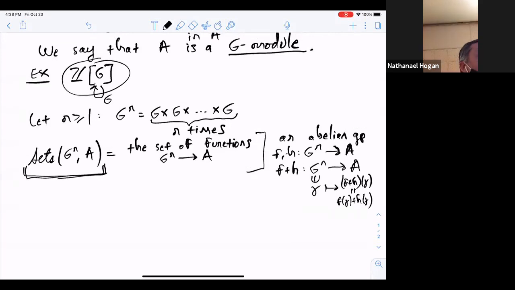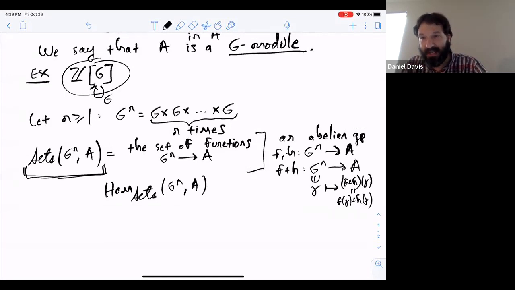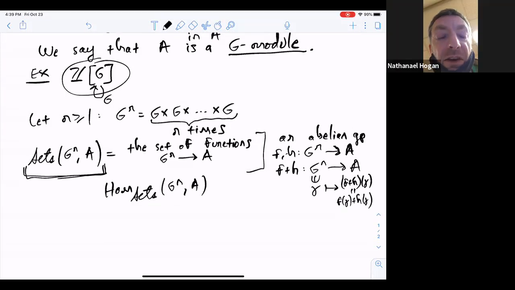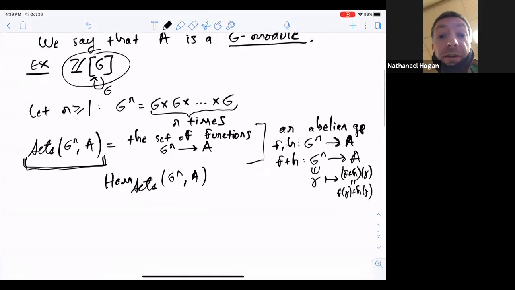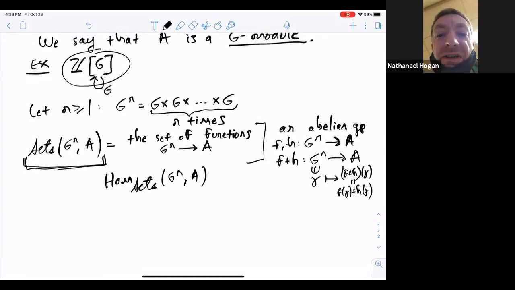So one thing, what I mean here is I mean Hom in the category of sets from G^n to A, but I think you're asking if the abelian group can actually be enriched to be a category. Kind of. Thank you for the benefit of the doubt. I can see it's an abelian group. It's just that there's a lot going on. I thought it could be, but okay.